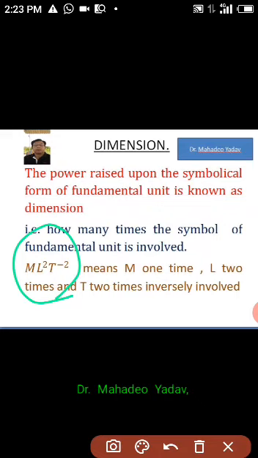It means M 1 time, L 2 times, and T 2 times inversely involved in this.